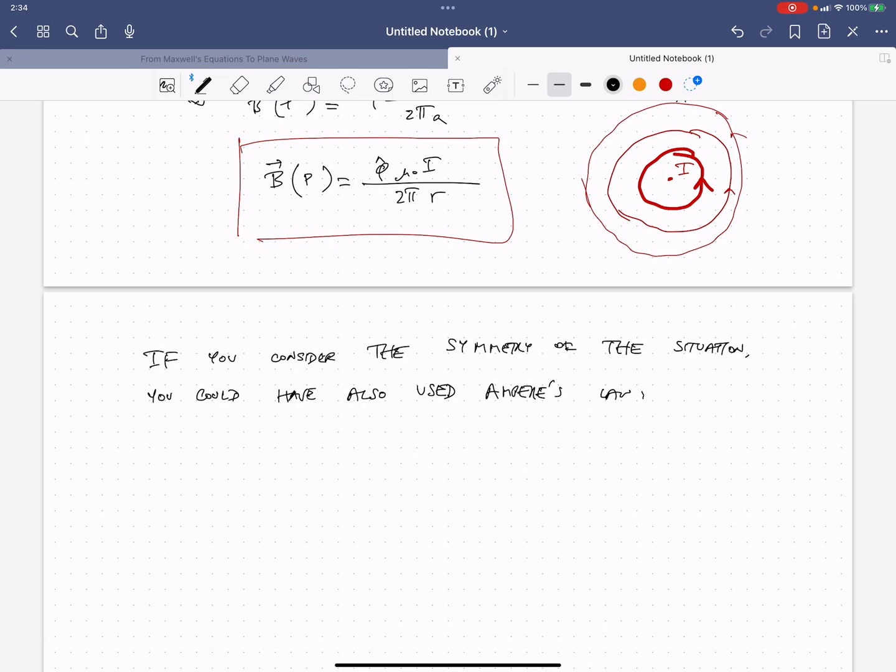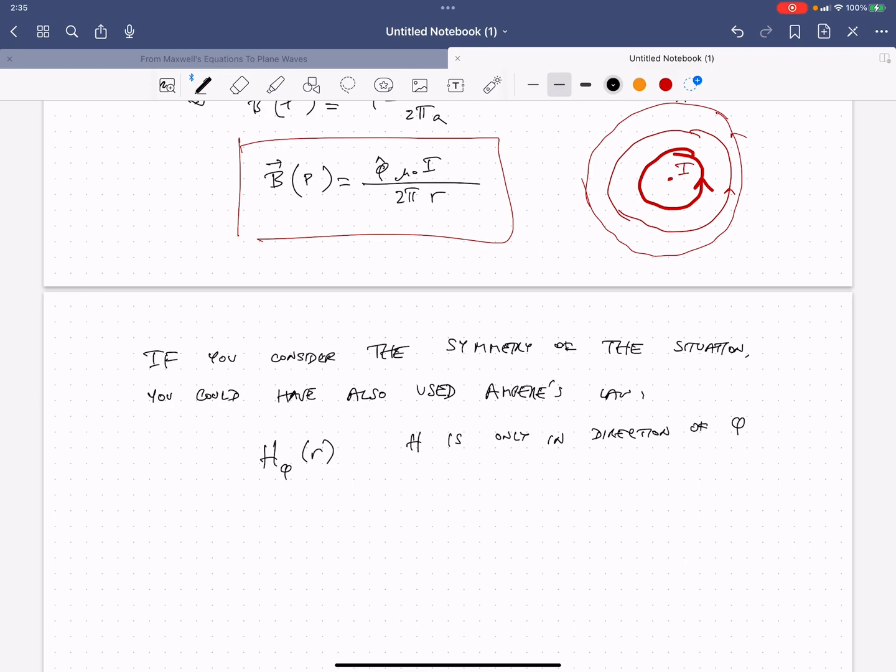The reason you can do that is because if you have this case where the current is coming out, a single wire coming out of the screen and going into the screen, the magnetic field is going to be in the phi direction, and its strength is only going to be a function of r. So if you see the symmetry of this situation, you realize H is only in the direction of phi.